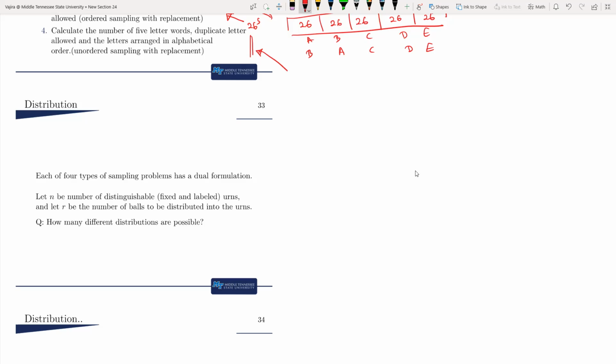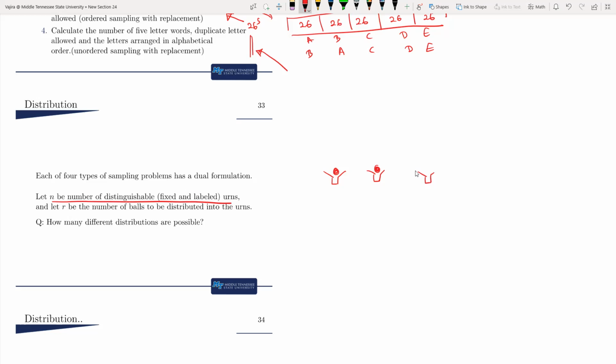Okay. So let n be the number of distinguishable urns. So you can have urns. And let R be the number of balls to be distributed into urns. Okay, so you can distribute.